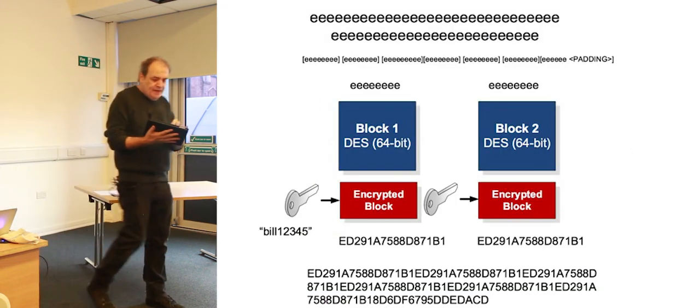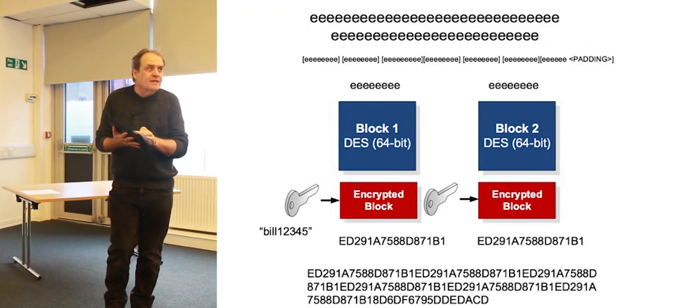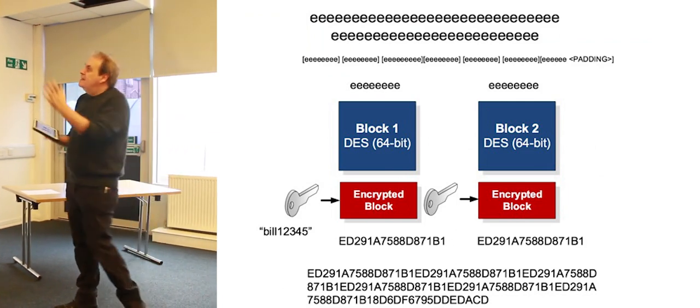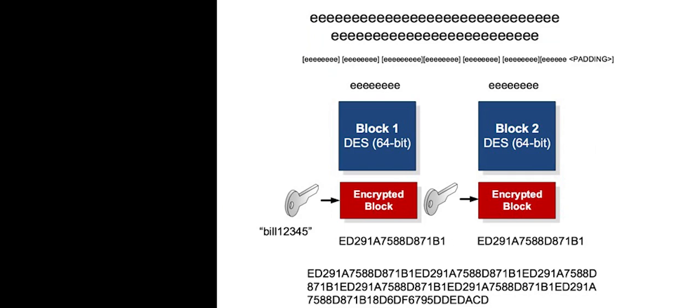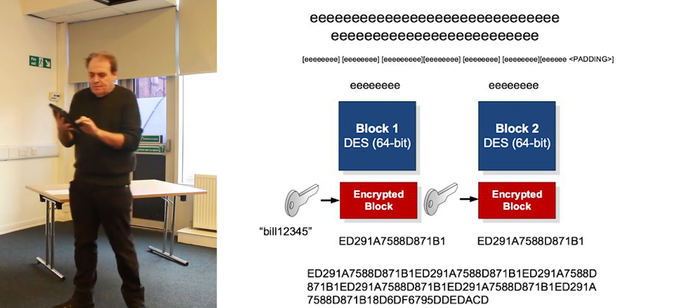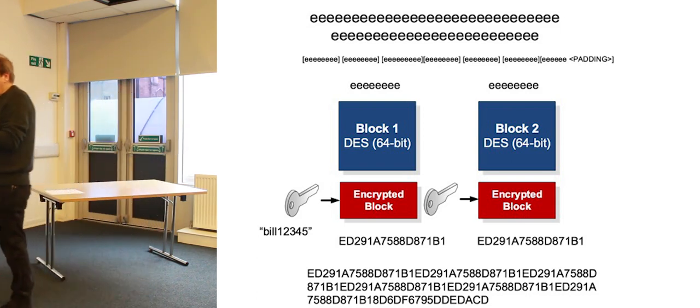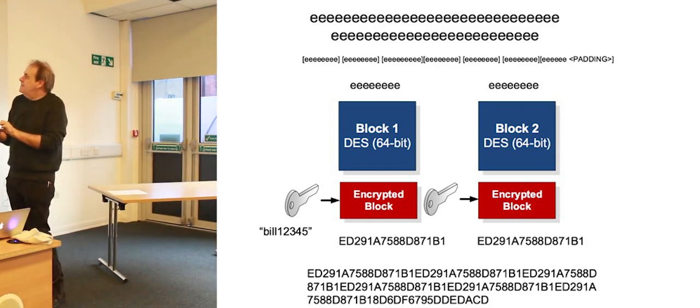So here's an example here with DES. If I take this as my input, all E's, because DES uses a 64-bit block size, and these are the blocks that I have. Each block is then encrypted as a cipher stream of this, if I use this key.